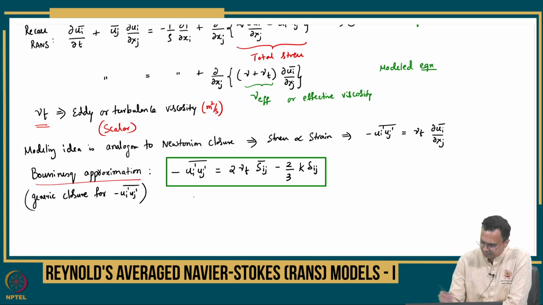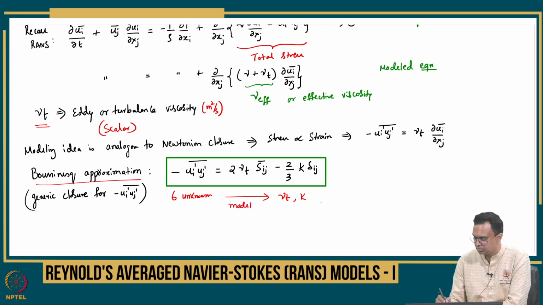Now I have 6 unknowns here, modeled as 2 unknowns, nu t, comma k. So the equation is still not closed for you to work with, but at least the 6 unknowns, which represent the anisotropic nature, are moved to 2 scalar quantities.